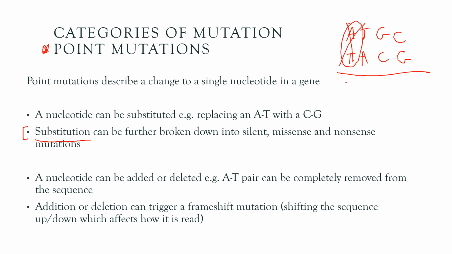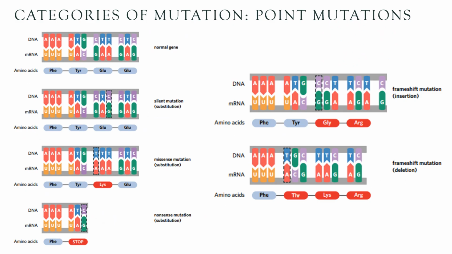So you can see that this would have a massive impact because all of the bases that are upstream or downstream of that are going to be shifted, and that's what we call a frame shift mutation. Additionally, we can also have the addition of a nucleotide pair, which again can cause that frame shift mutation. So here is a look at all of those with pictures, which will be a lot more helpful to explain this concept.